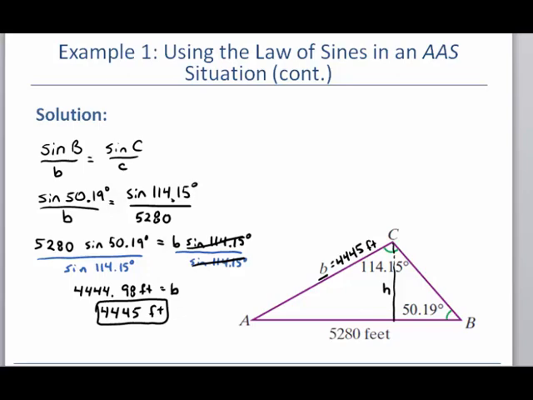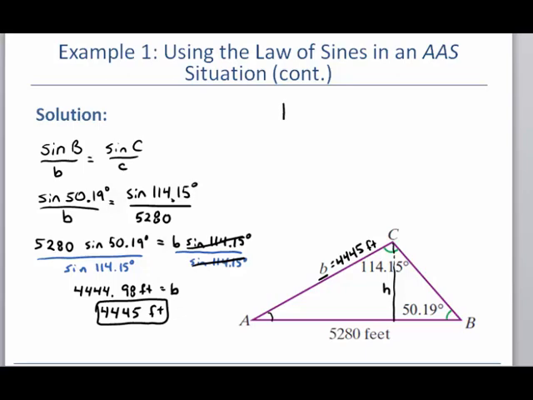All right, so let's think about how we can do that. Now, we're going to use this angle over here, which we don't have labeled, but we certainly can label it. All right, so we know that the angles add up to 180 in the triangle. So we have 114.15, we have 50.19, so we can find that missing angle. So let's go ahead and do that real quick.